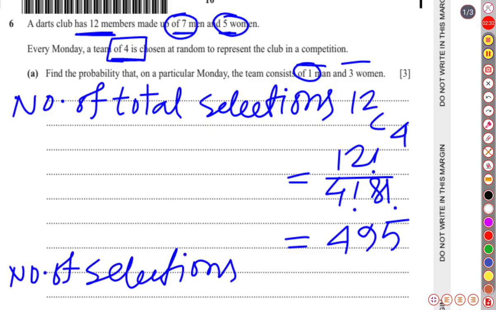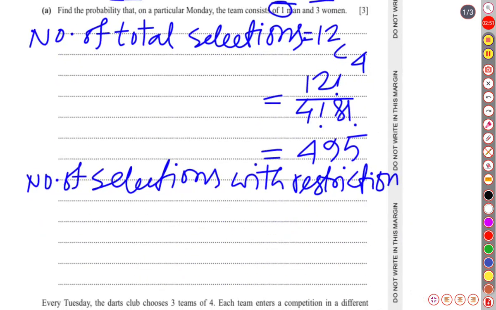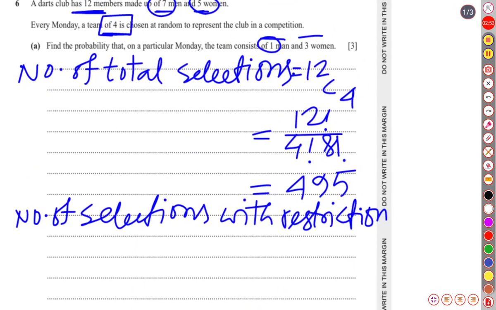Number of selections with restrictions is equal to... here we use the equal symbol.